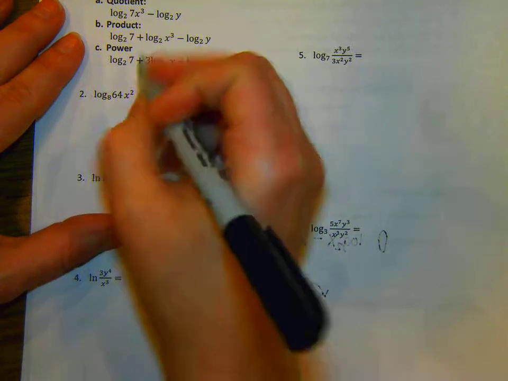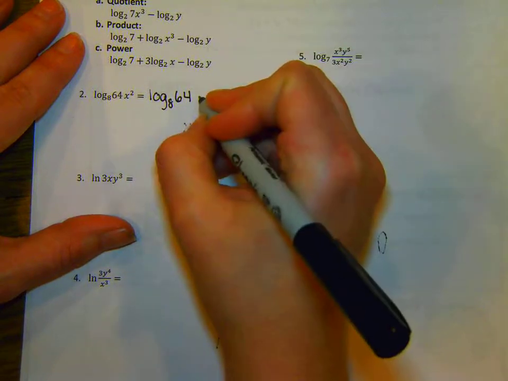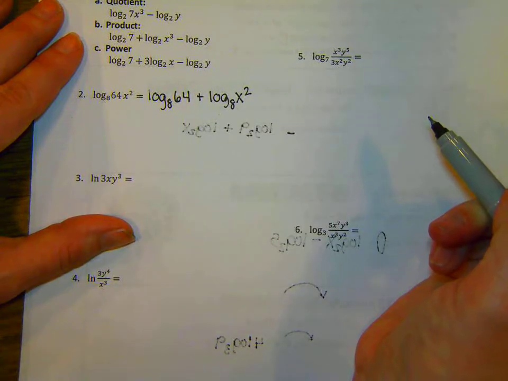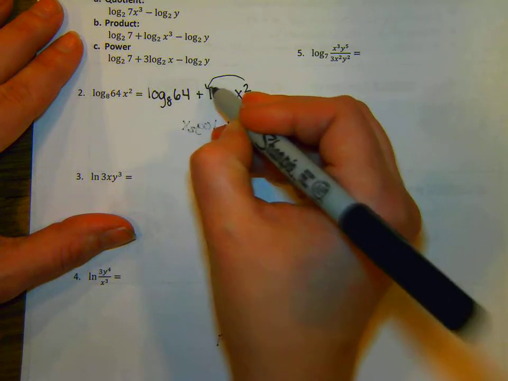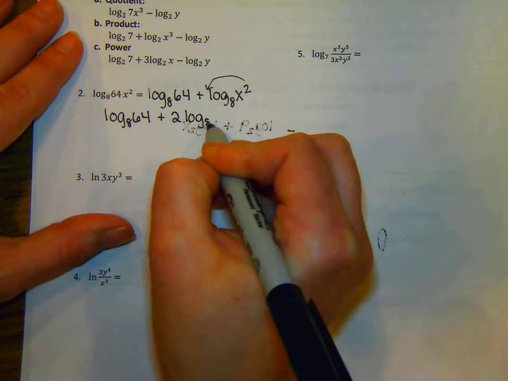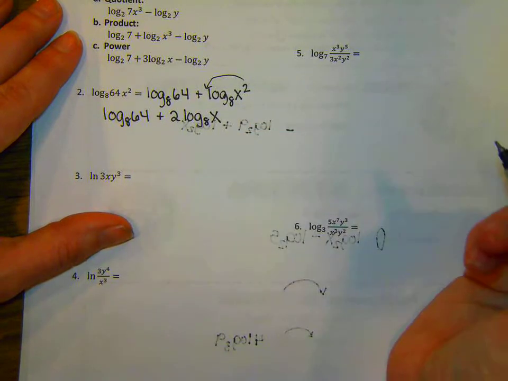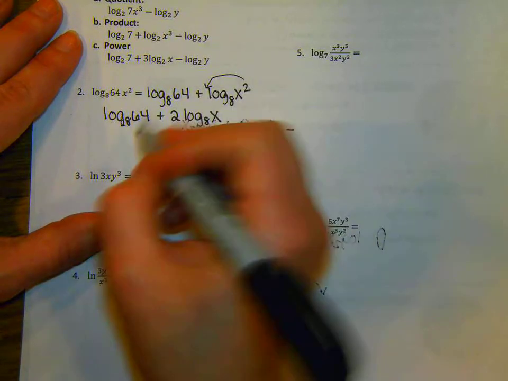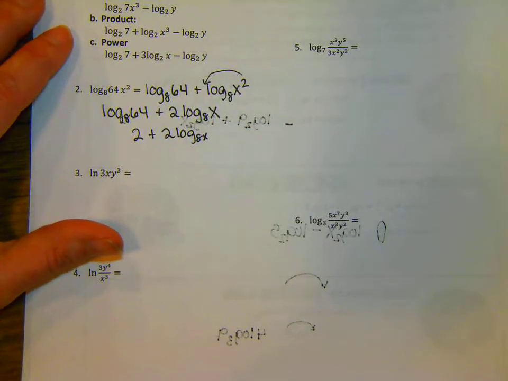So the first thing you're going to do is split this up and rewrite it as an addition problem: log base 8 of 64 plus log base 8 of x squared. So we did that product property there. And now let's do the power. There's a 2 here. So we're going to rewrite that by bringing it to the front: log base 8 of 64 plus 2 log base 8 of x. And there's your answer. You could simplify it further if you wanted, since this is actually a whole number. 8 to what power makes 64, and you get 2. Technically you could do that, but if you can get to this point, that's fine.